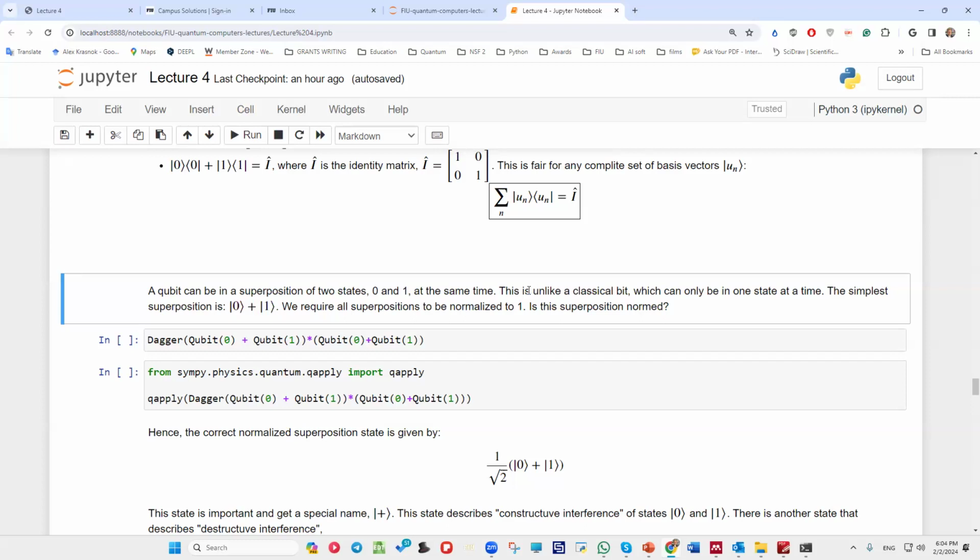The simplest superposition that we can write at this moment is just the sum of the state 0 and state 1. This is the equal superposition of two quantum states.